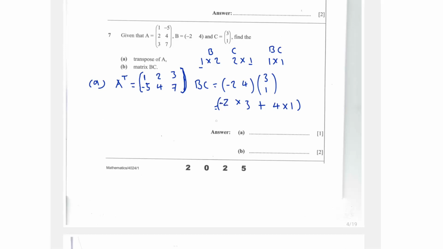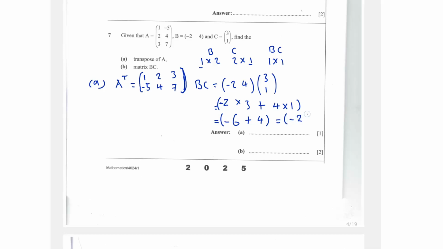So the resulting matrix will be, when we multiply -2 by 3, what we get is -6, and then plus 4 multiplied by 1, it is just 4. So the final matrix will be -6 plus 4, it will just be -2.